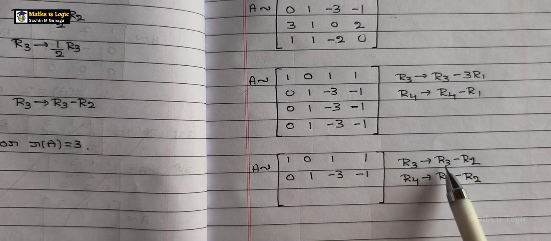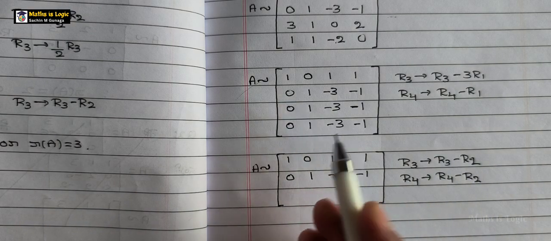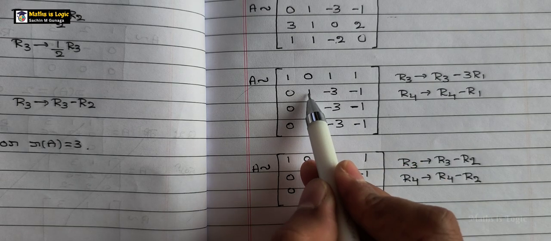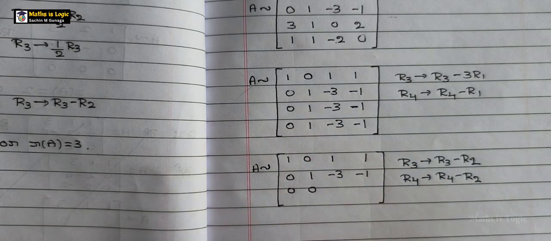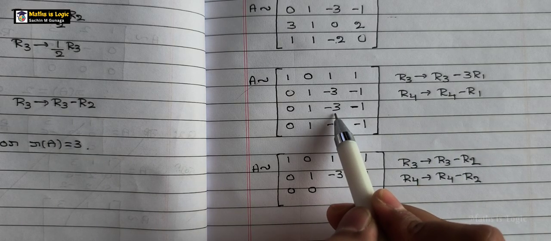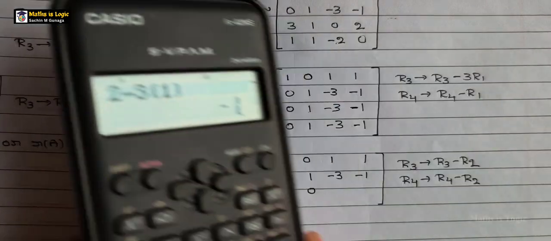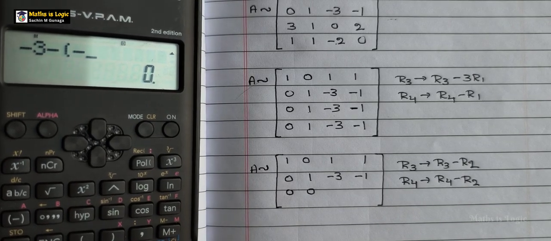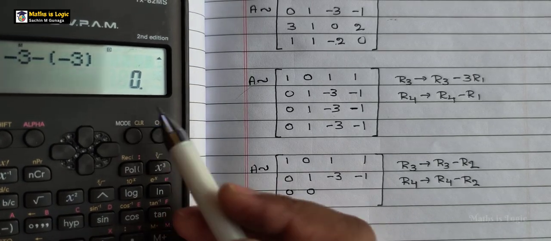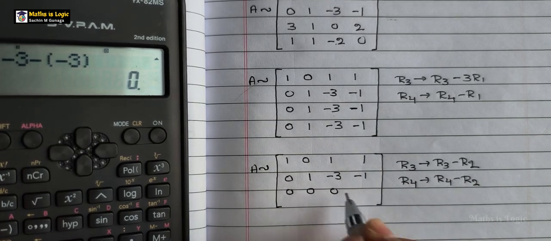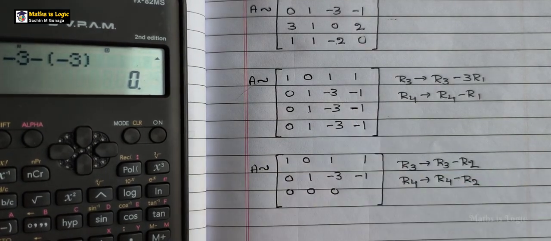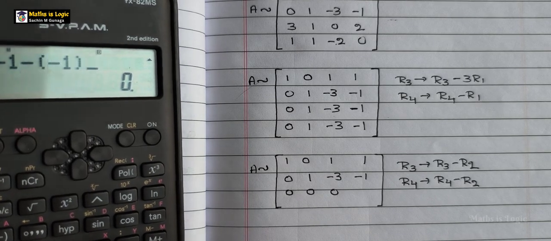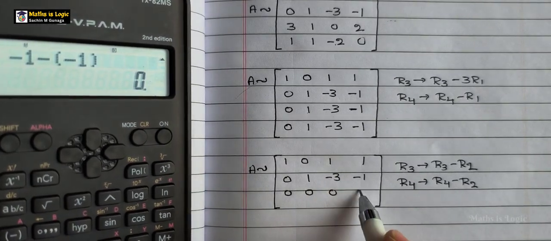So apply R3. 0 minus 0 is 0. Next R3, 1 minus 1 is 0. Next R3, minus 3 minus of minus 3, which is 0. Next minus 1 minus of minus 1, again 0.